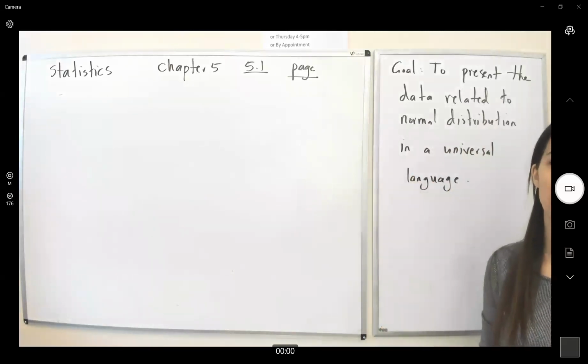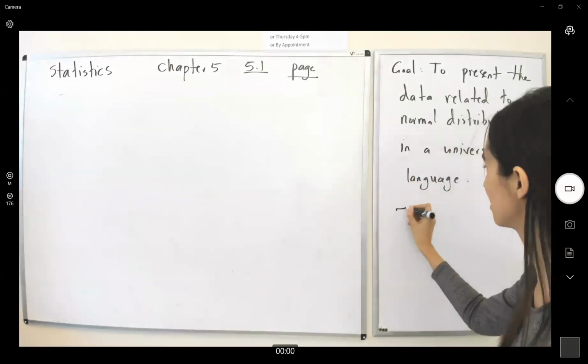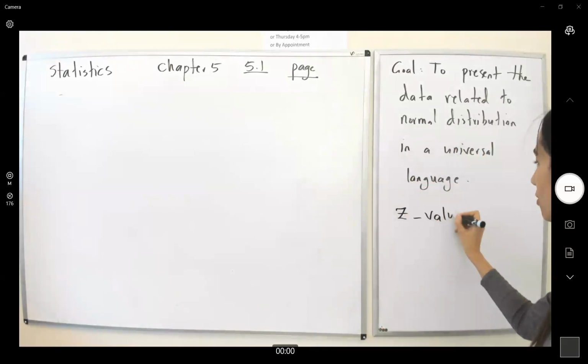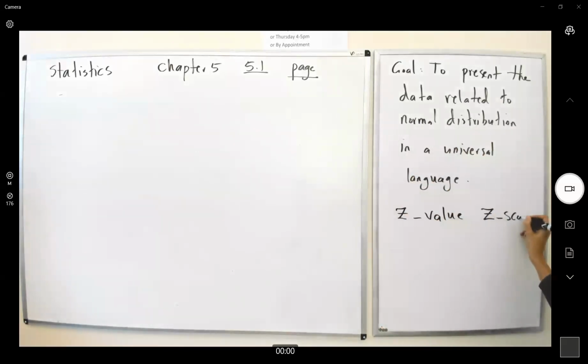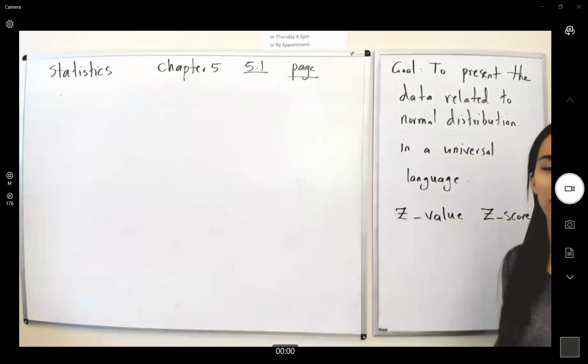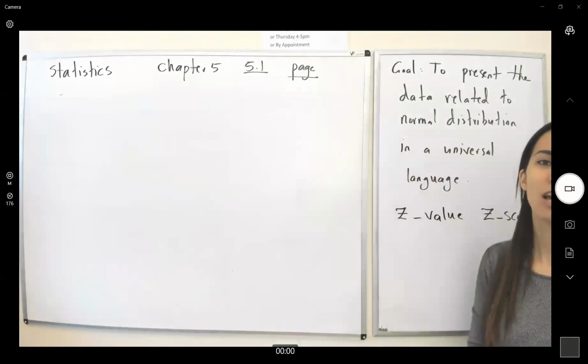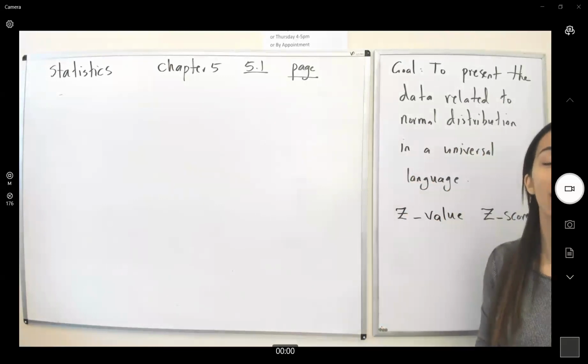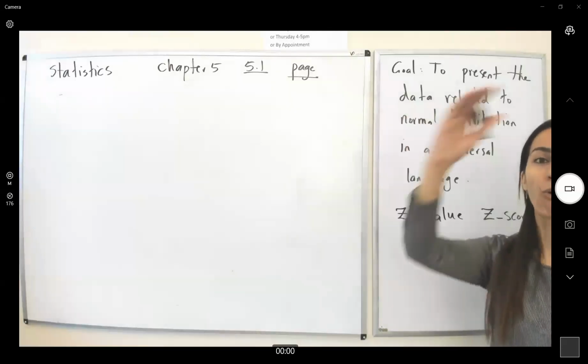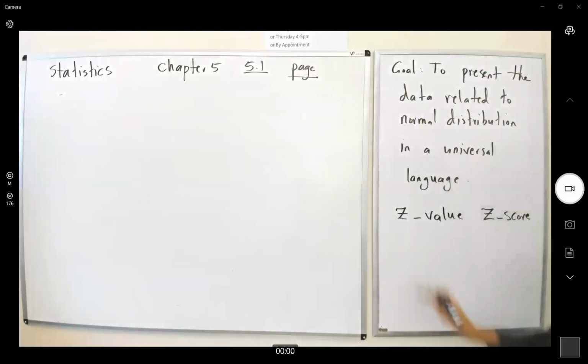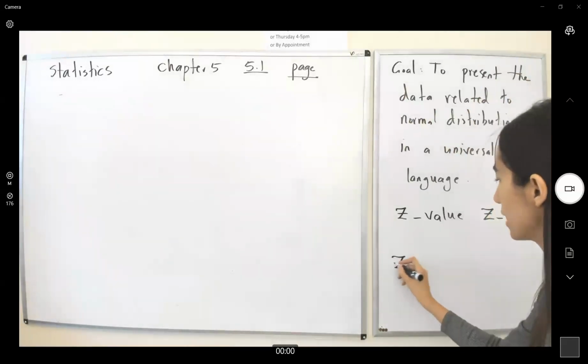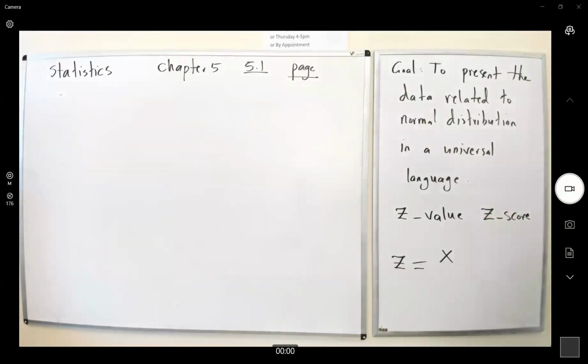That's where we start using z-scores. Z-value or z-score helps us to come up with that universal language so every statistician understands what's going on and how to interpret the data without having access to the original data. So z-value or z-score is defined as x, the value in the data collection, minus the mean divided by standard deviation.